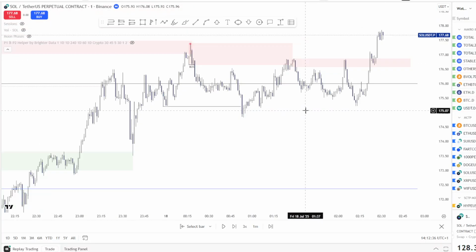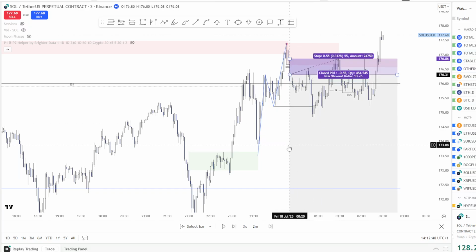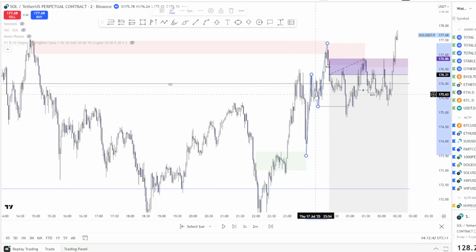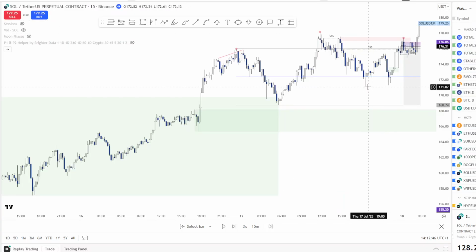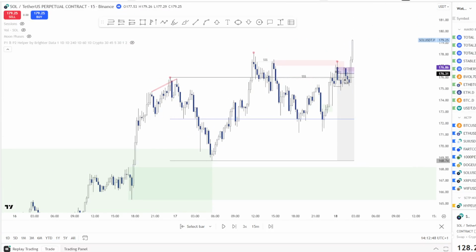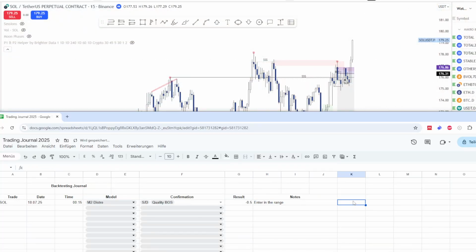let's put back the trade. This was a trade. What I like to do is to copy the link from this picture and put it here.